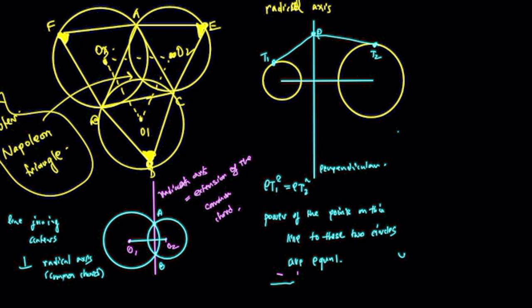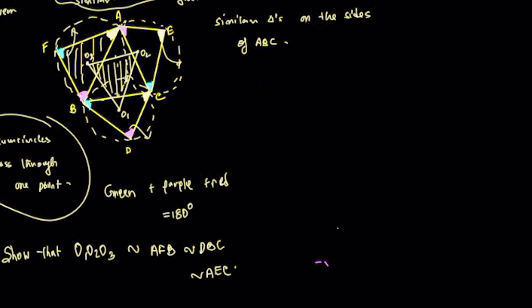Okay, so then what can we say about O1? Maybe I can go back to this picture. What can we say about O? So this point where all of the three circles pass through, this point is called P, suppose. So I'll just clear the clutter a little bit.